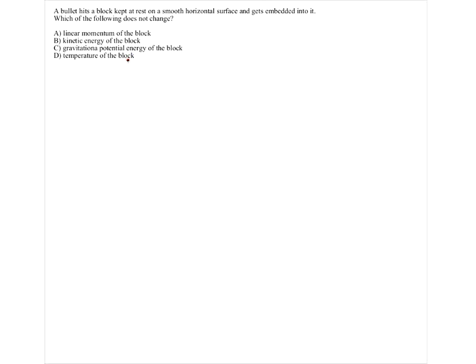Temperature of the block. Now, this you can answer from common sense, or the technical answer would be that final energy, kinetic. Technical answer you will get when you do this math. Bullet, mass, speed, applying COLM, mv equal to m plus m v dash.